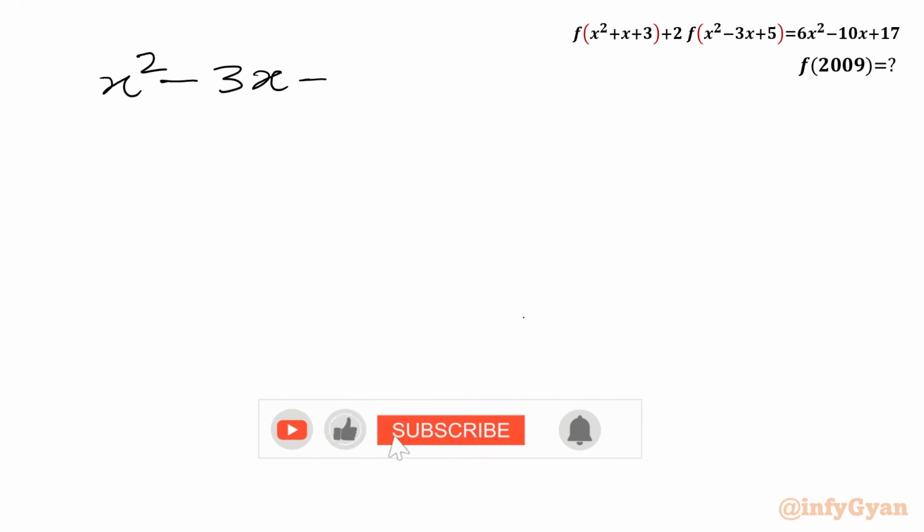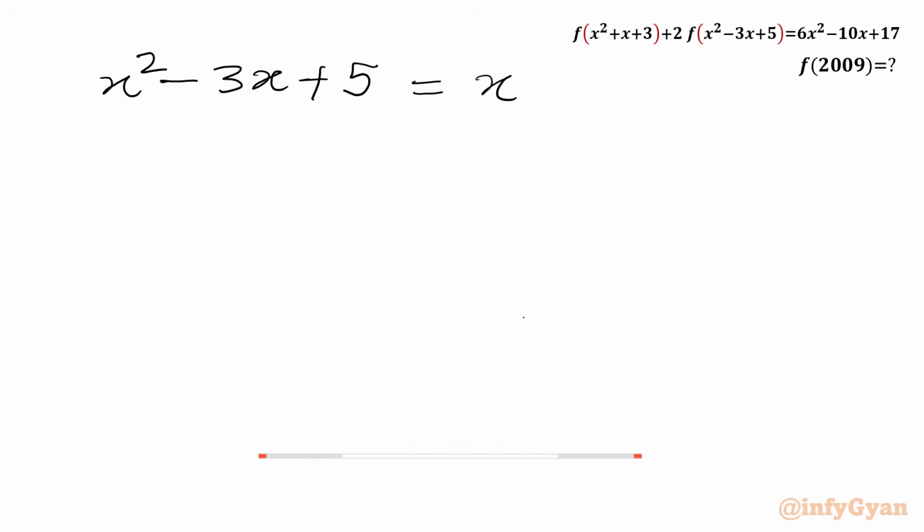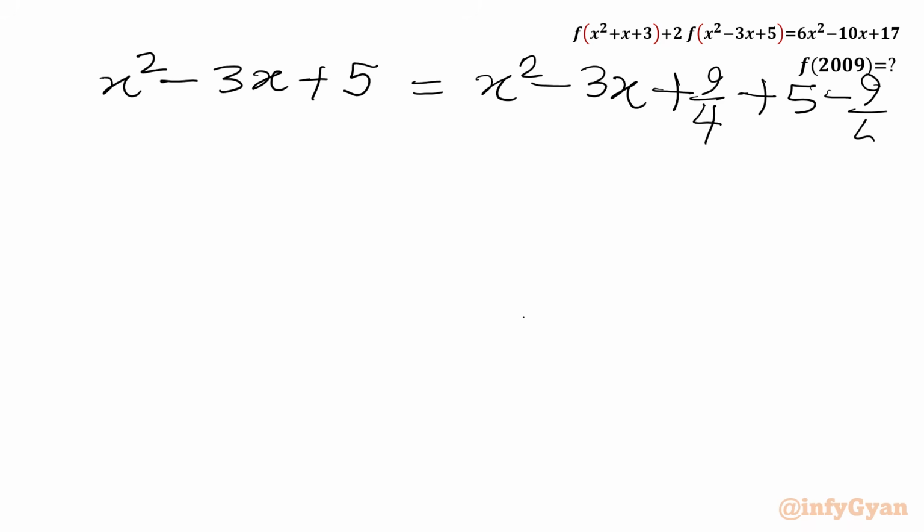Now we will take up x square minus 3x plus 5. We'll use the completing the square method. So I need to add 9 over 4, and I will subtract the same. So I will write 5 minus 9 over 4.